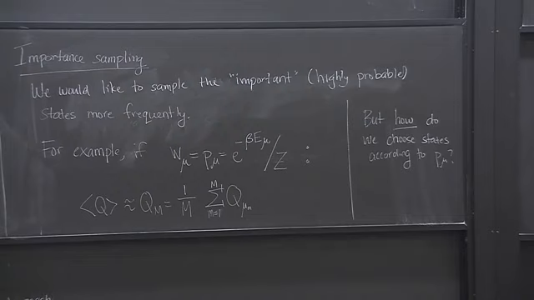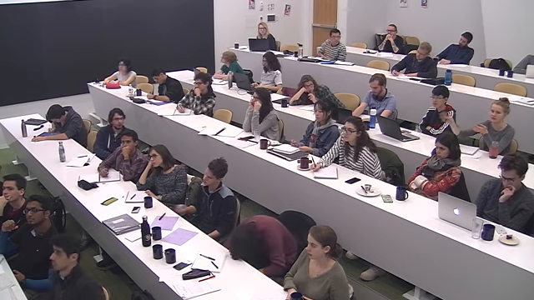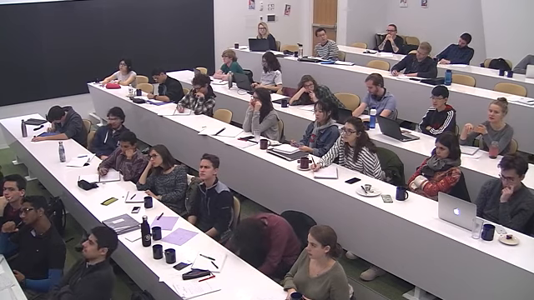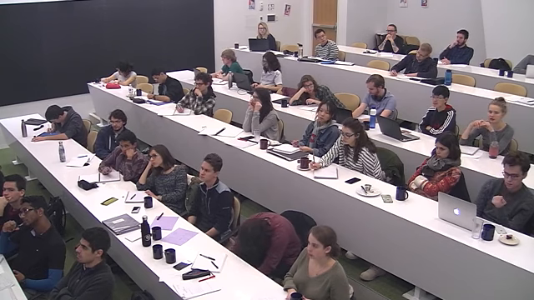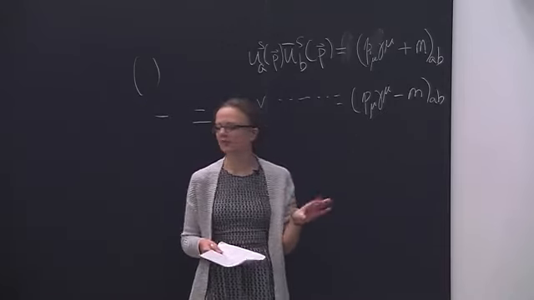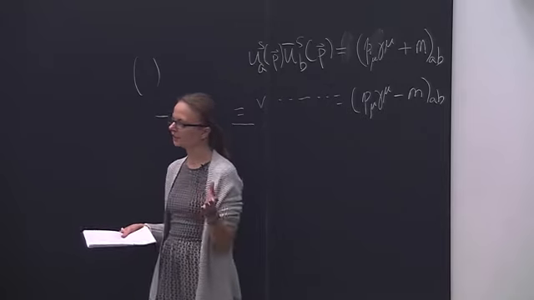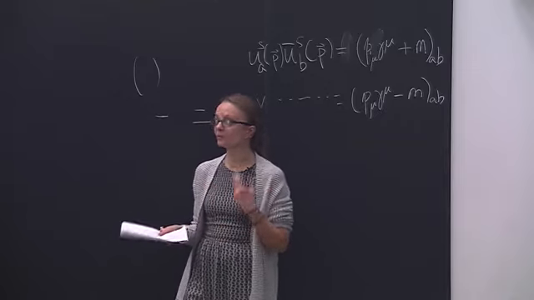What if you have some system where there are some very unlikely states that have, for some reason, a huge value of the observable? Definitely. Right now, I'm saying this very generally, for some general observable. But you're right, we actually have to be careful about what kind of observables we look at.